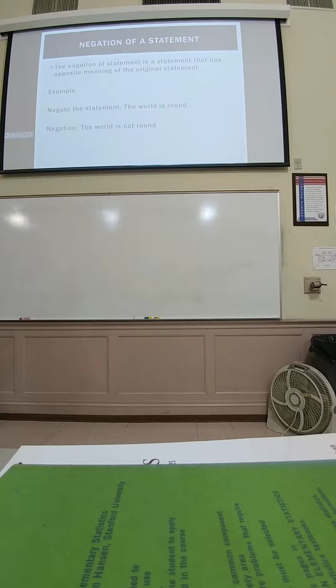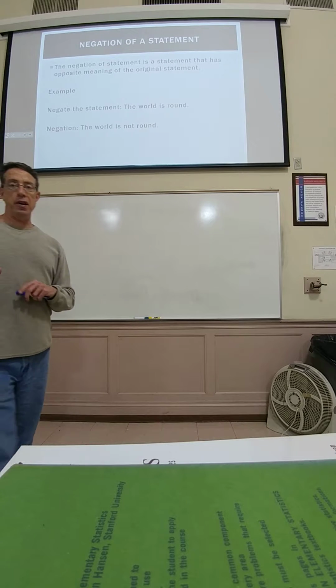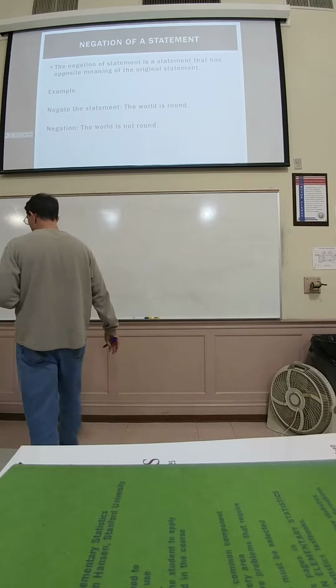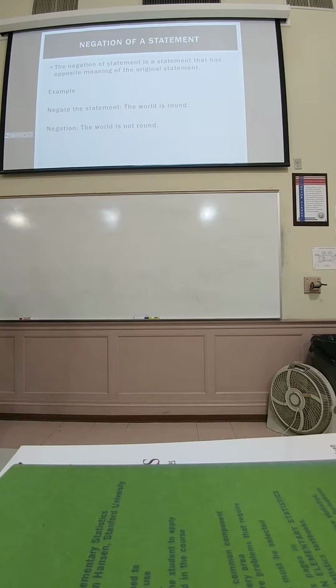We're going to work on negating statements. Now, when we negate a statement, we just make a statement that has opposite meaning. So, for example, if Christopher Columbus says the world is round, then the negation of that statement would be simply the world is not round.